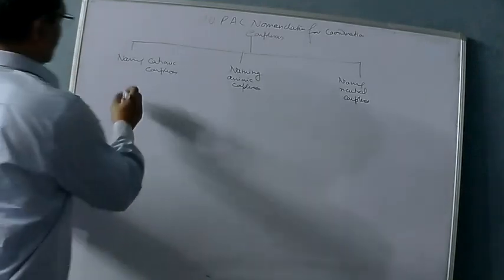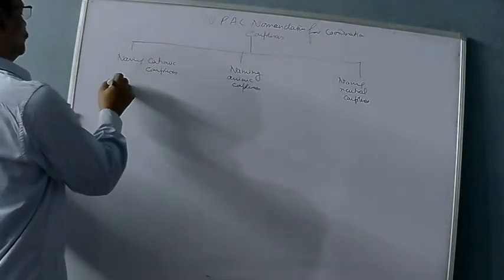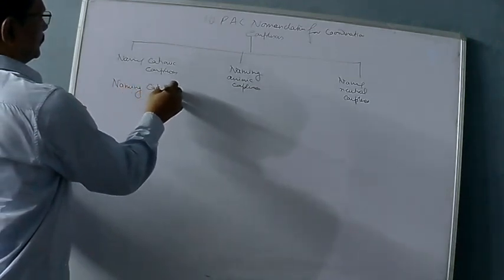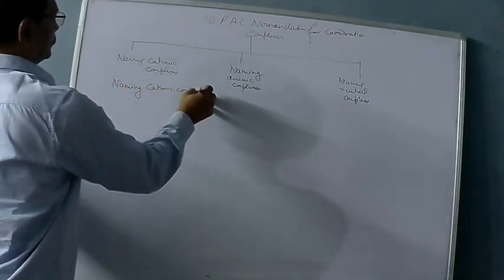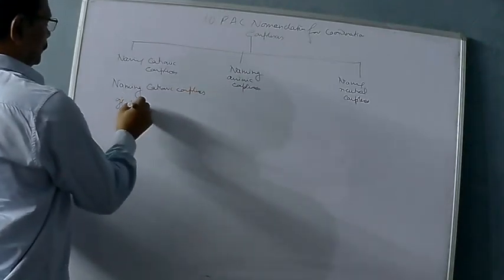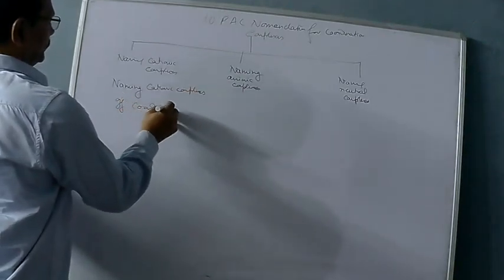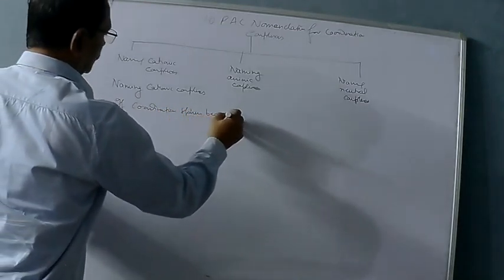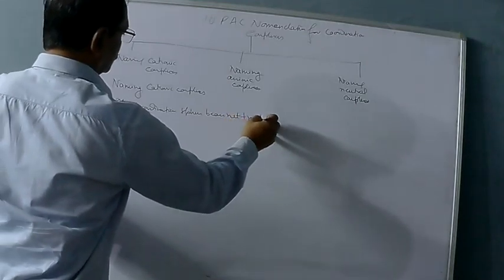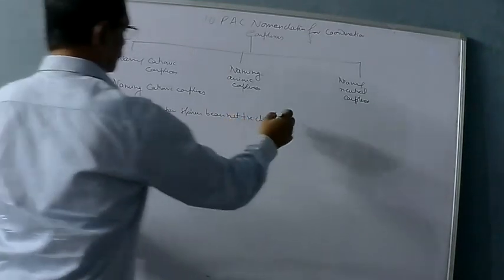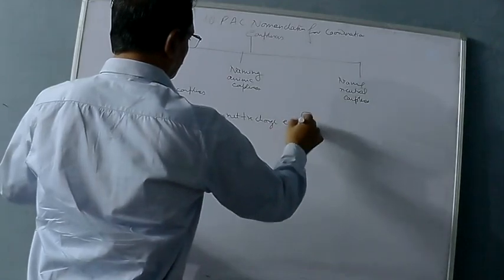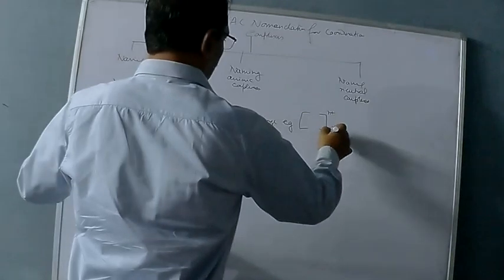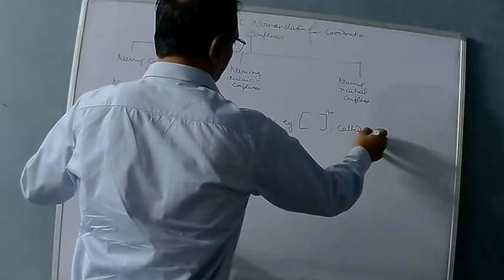Class, first heading is naming cationic complexes. So we should know what are cationic complexes. If the coordination sphere bears net positive charge, and positive charge, it is called a cationic complex.